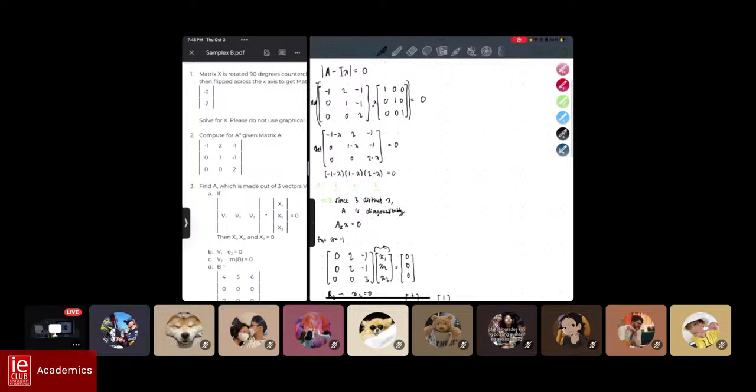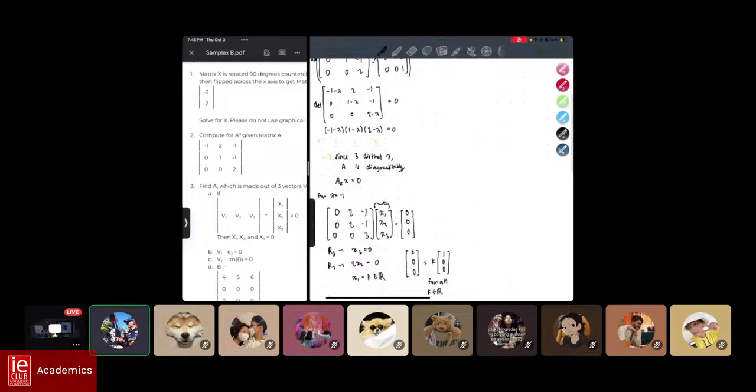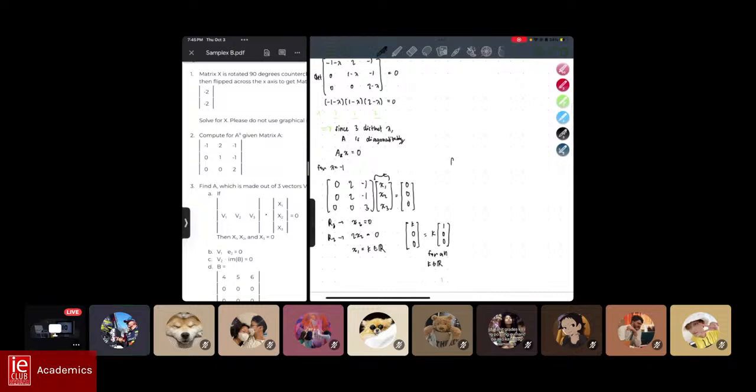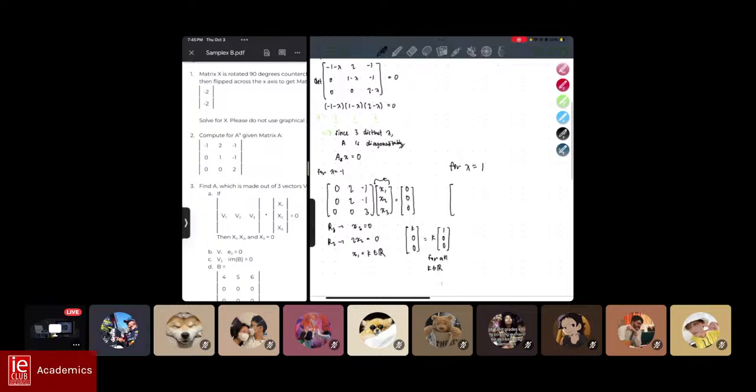Yeah. So now we can find our second one, so that it's not confusing for people looking back. For lambda equals 1 naman. Same thing, just plug it in.